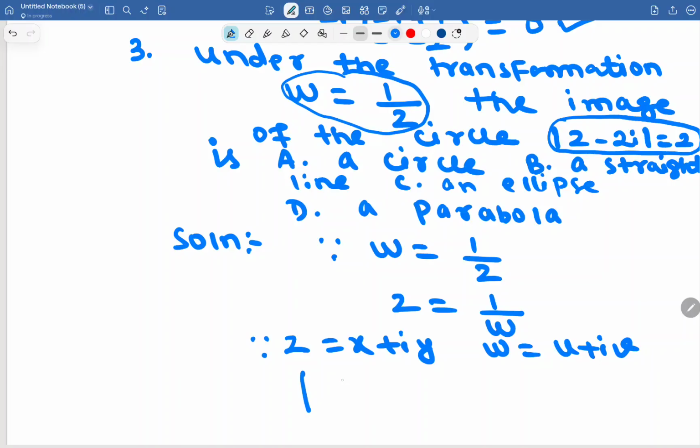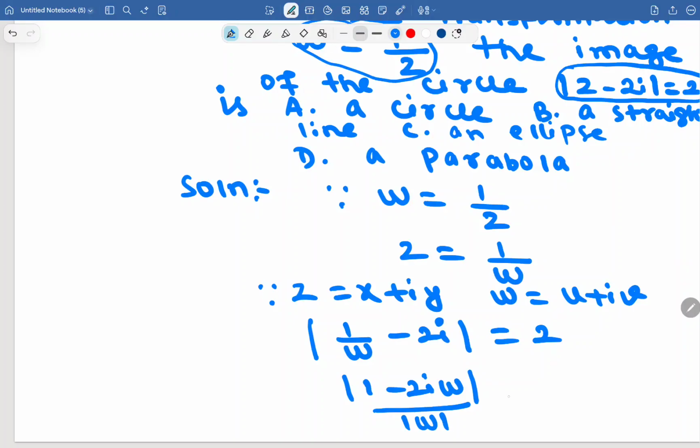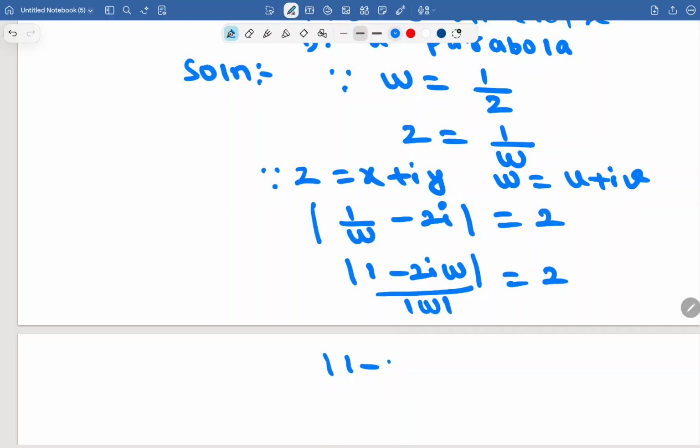Modulus of z, 1 by w minus 2i, which is equal to 2, modulus of 1 minus 2iw divided by modulus of w is equal to 2, so modulus of 1 minus 2iw is 2 times modulus of w, which implies modulus of 1 minus 2i.